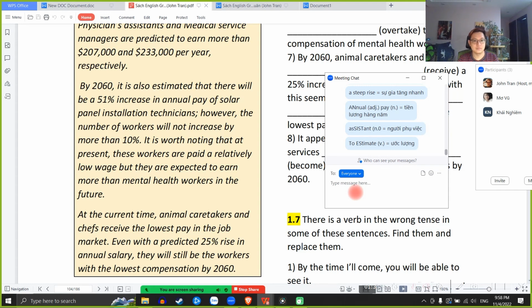However, the number of workers will not increase by more than 10%. It is worth noting that at present these workers are paid a relatively low wage, but they are expected to earn more than mental health workers in the future.